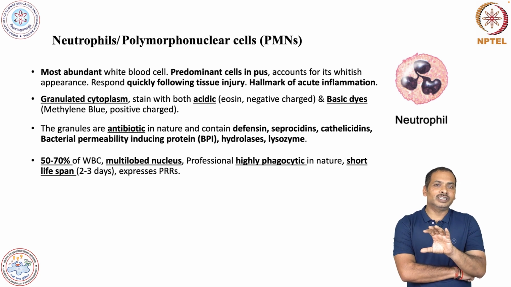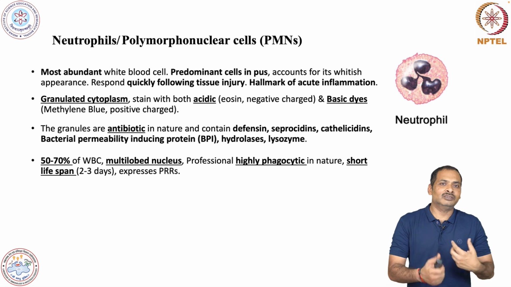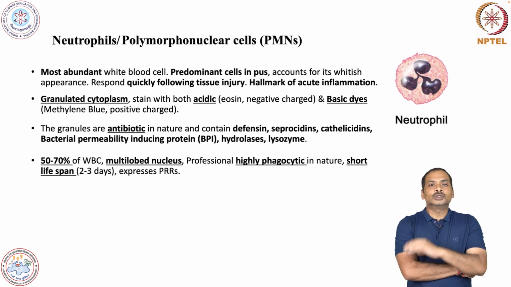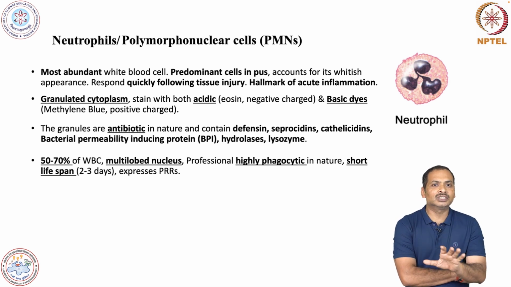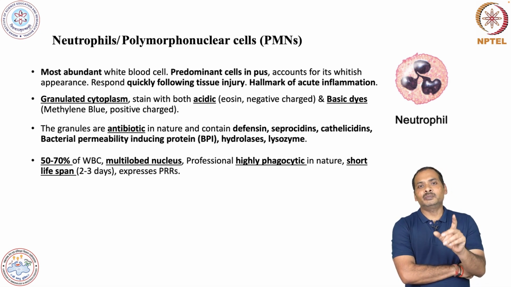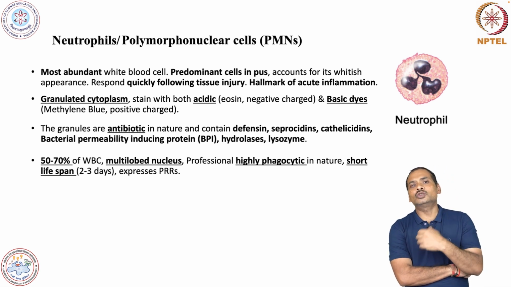Aggressive killer means they have a lot of weapons in order to kill, okay, which I will explain in a subsequent slide. Once the pathogen comes in contact with a neutrophil, the pathogen will die, that is for sure. If the pathogen needs to survive, then it needs to find some way by which the neutrophil can be killed.